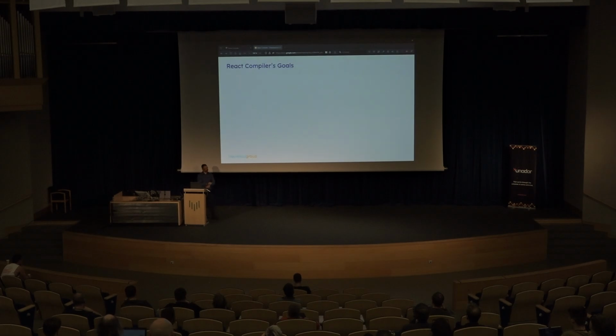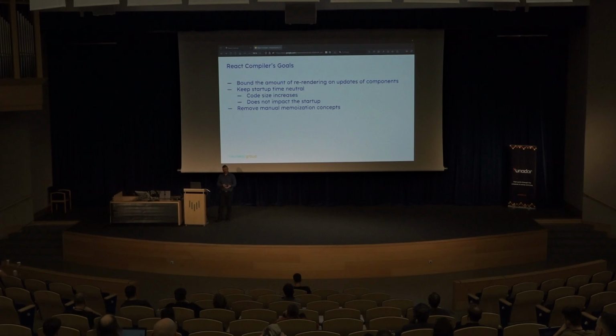What are the goals of the React compiler? To bound the amount of rendering on updates of components, definitely, and keep the startup or mount time neutral. Don't touch it. It will increase the bundle size, definitely, but without impact to the startup time.